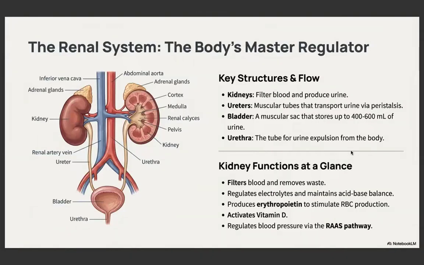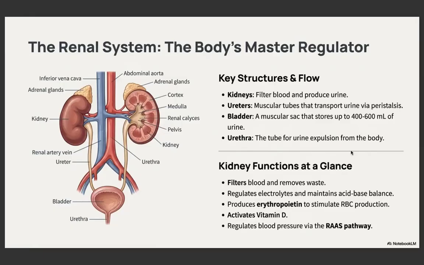Okay, so now moving into our renal system, it's GI GU. So our renal system is super important. Obviously, our kidneys are going to filter blood and produce urine. Our ureters, they help transport the urine. Our bladder stores our urine, and then our urethra helps us expel that from the body. So again, its whole thing is being able to filter waste, filter blood.